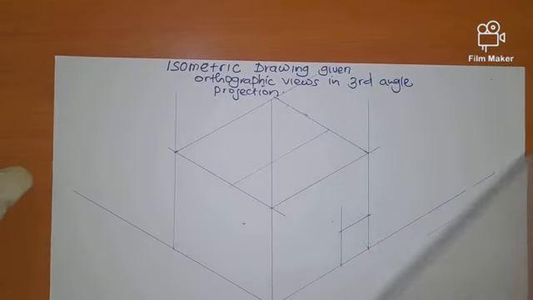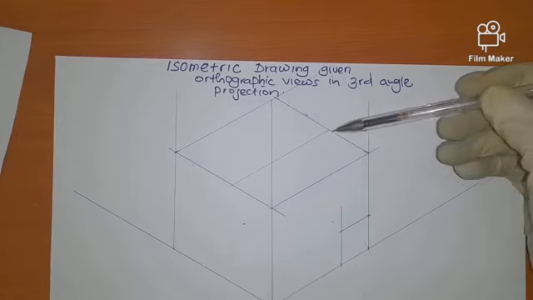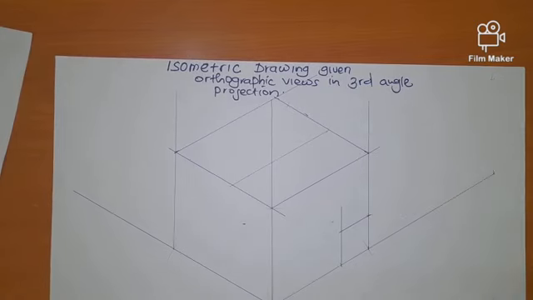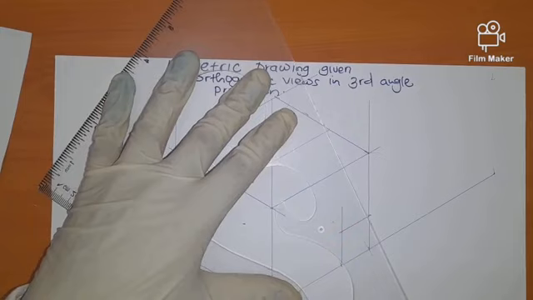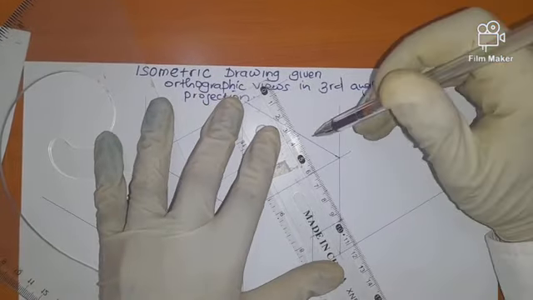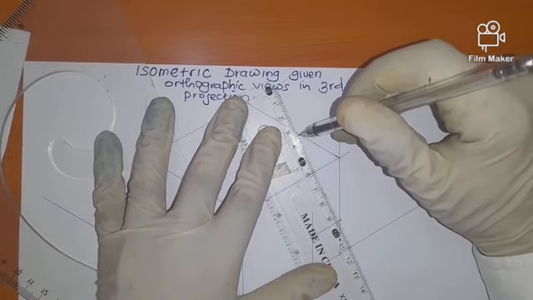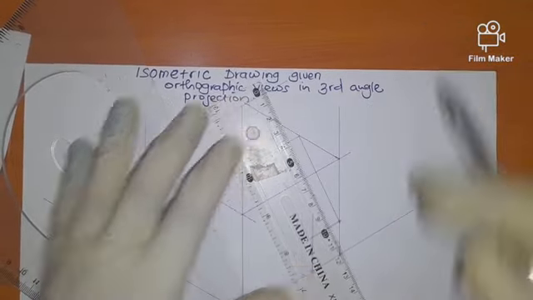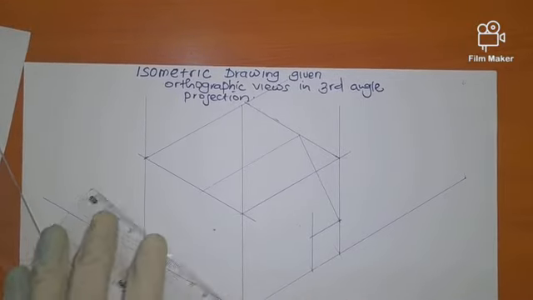Once you have that, of course, you are going to join this part to that point. So you join this to that point. You can still use this. Once you have joined that, we are going to join this to that point.